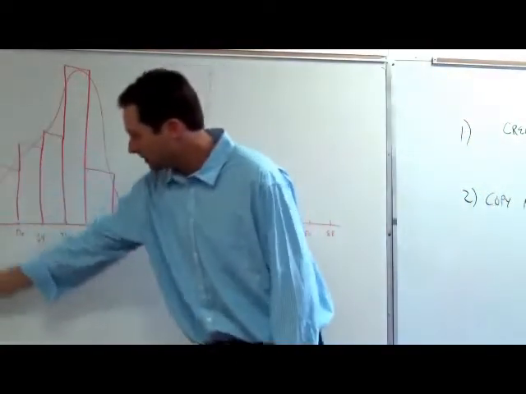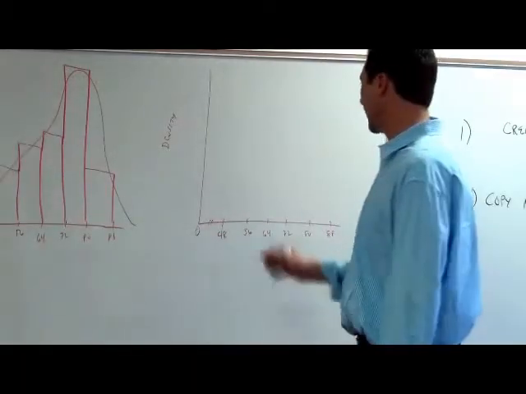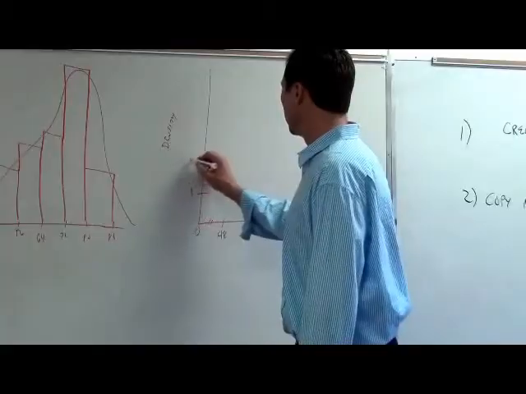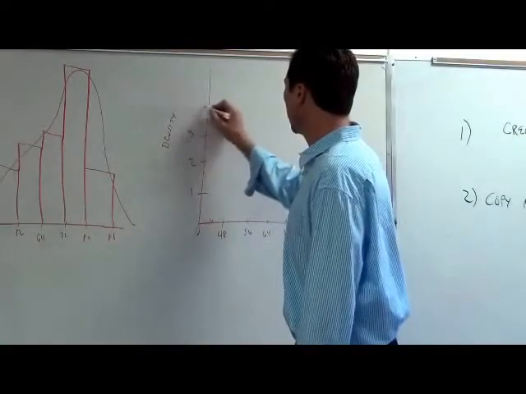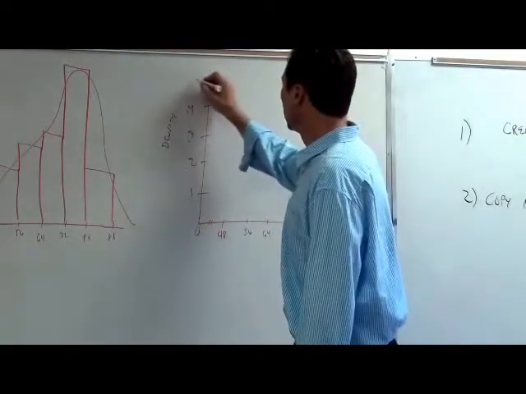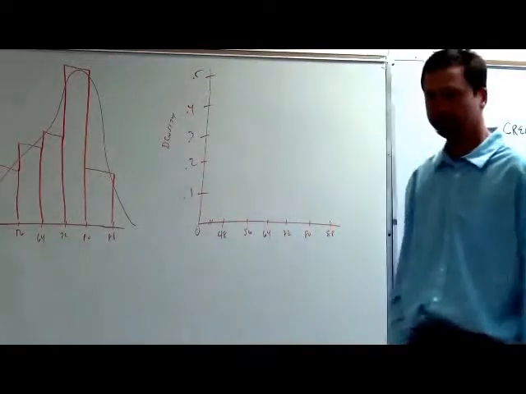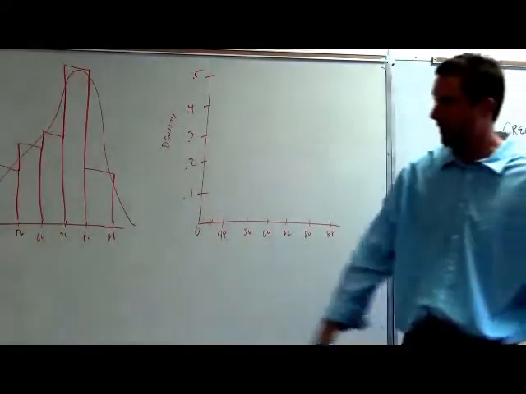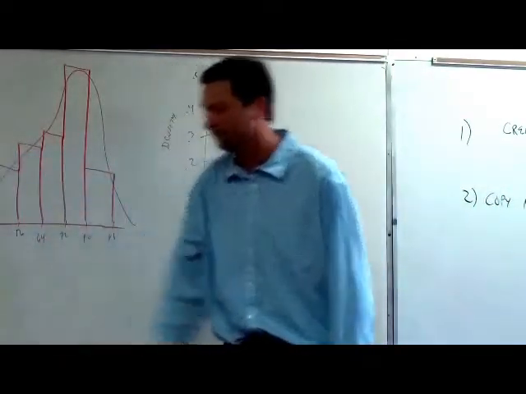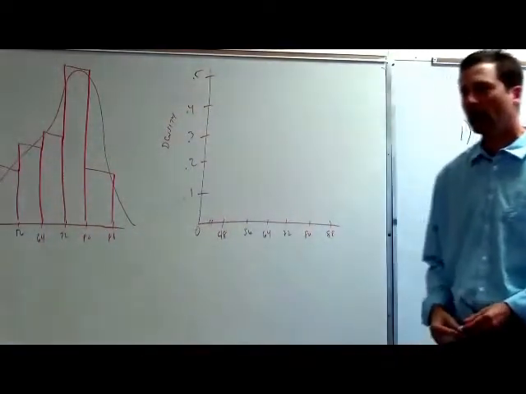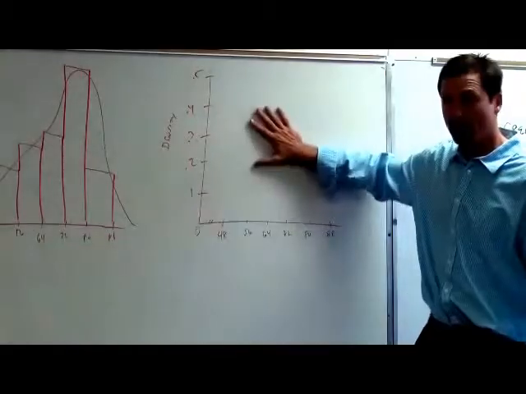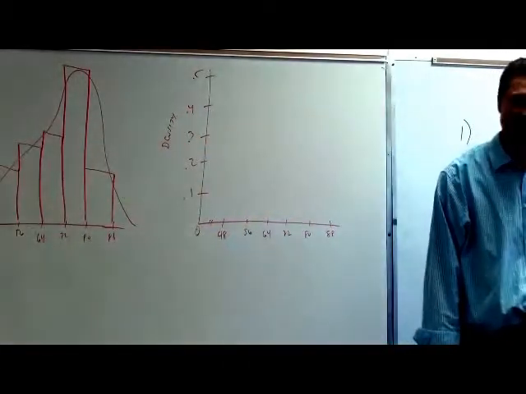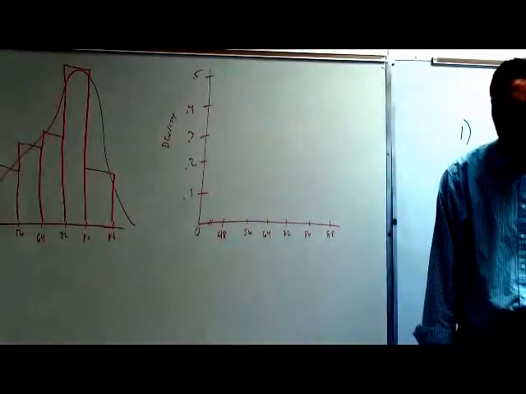It goes up to about 0.05, so I'll go 0.1, 0.2, 0.3, 0.4, and 0.5. Okay, so I'm going to graph it against density now. What do you guys think this graph is going to look like compared to our original? Exactly the same.